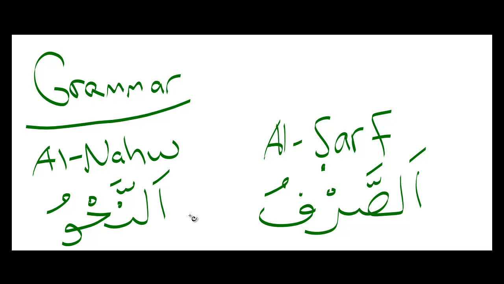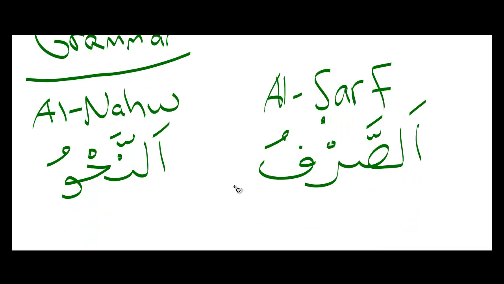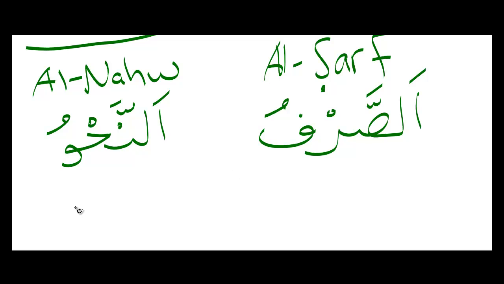Okay? And excuse my handwriting, I know it's quite bad, but I'm still getting used to this software. Now, nahu deals with this last vowel, this last haraka. Okay, and this is the first thing that we're going to be learning, and you'll understand the importance of this last symbol when we get to it.